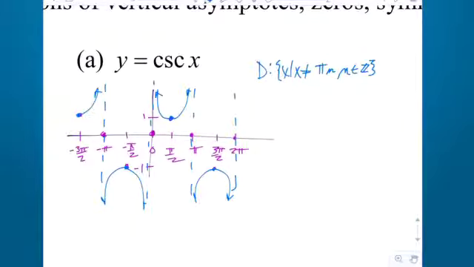Cotangent is x over y. Cosecant is r over y. So the only two that have y in the denominator, so y can't be 0. Y is 0 on the x-axis at 0, pi, 2 pi. Okay? What's the range?